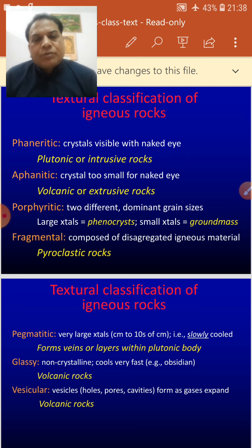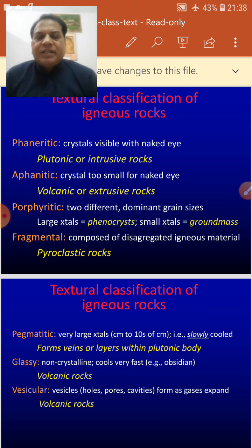Then the glassy is just the opposite of it, meaning the rock is non-crystalline with zero grain size, and that has cooled rapidly. Third, that is the vesicular. Vesicular means the rock has empty spaces that are called vesicles, and they are due to the gases present during crystallization in a magma or lava escaping to the atmosphere.